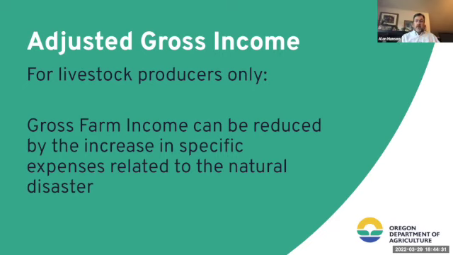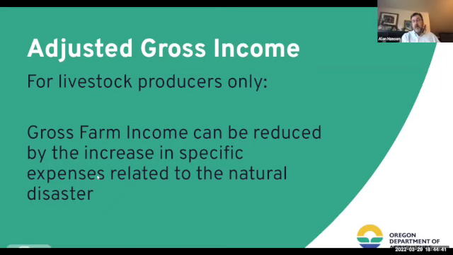So we're allowing you to deduct certain expenses from your 2021 gross income. Those are expenses from your Schedule F that we've determined are most related to a disaster. So it would be trucking if you had to move your animals, fuel, if you had to rent additional pasture land, and veterinarian expenses.